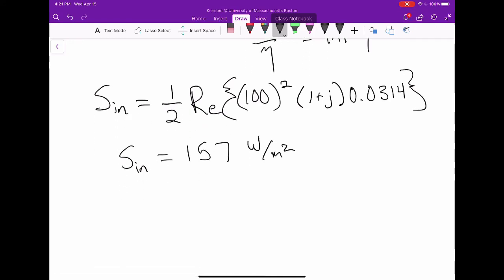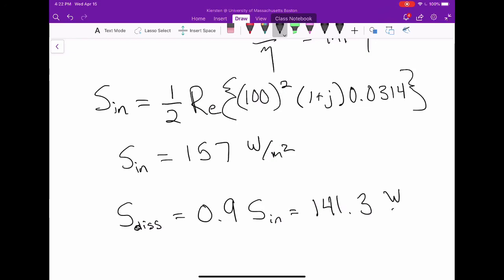So then if we want to know the power dissipated, S dis, even though I just said I wasn't going to do that, is equal to 0.9 times S in, which is equal to 141.3 watts per meter squared.